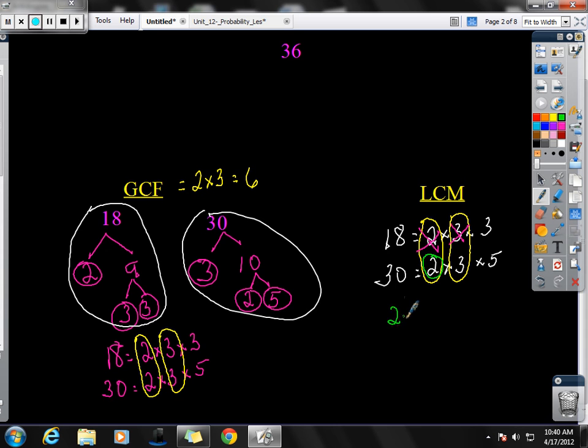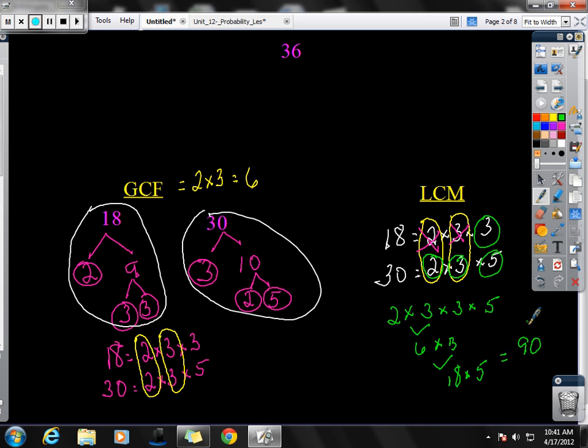2 times 3 times 3 again times 5. And if we do 2 times 3, well, that's 6. 6 times 3 is 18, and 18 times 5 is 90.